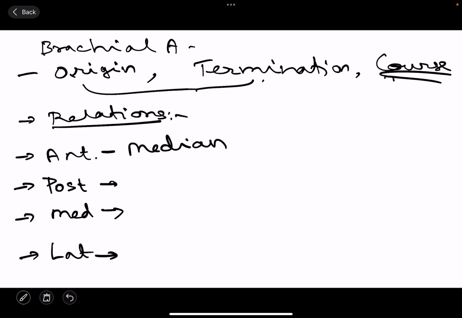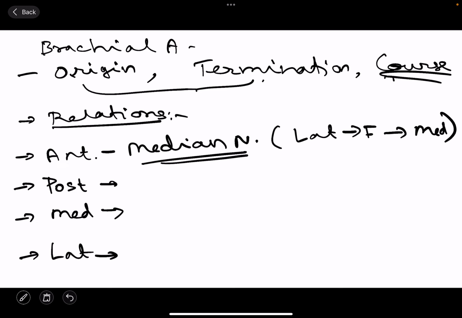The median nerve crosses the brachial artery anteriorly at the middle of the arm. Okay, so initially the median nerve is lateral, and it comes to the front of the artery, then it goes to the medial aspect of the artery. Which one? The median nerve.